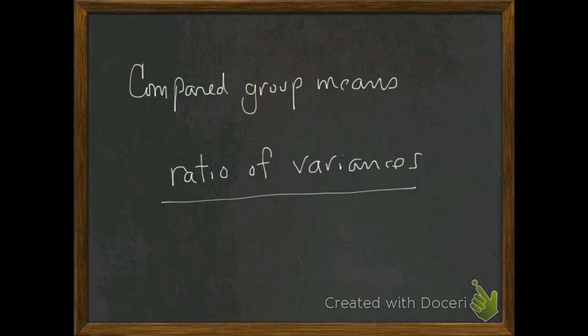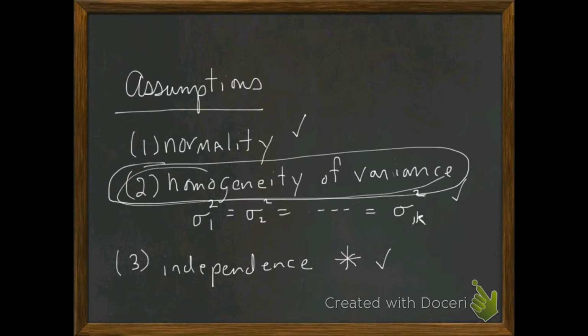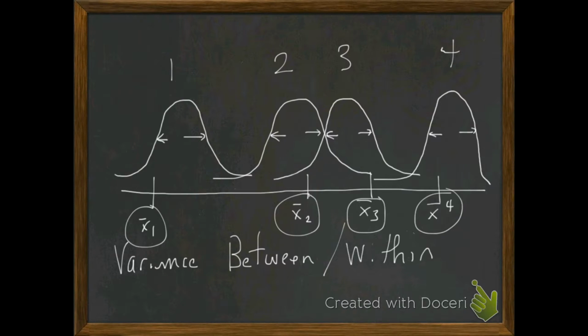Why? That's an assumption. That's something we start out with in ANOVA. We have equal variance, which says the inner shape of the distributions are all going to be the same. So Tukey came in and called that the within variation, the variation within the distribution.